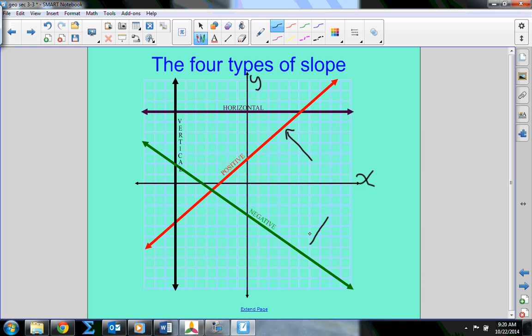Now, if one of the two is negative, then you get negative slope, like we did in our example. So that means as x increases, y decreases. And then the 2 special cases we just talked about: the horizontal, when you have no change in y, or vertical, where you have no change in x. So that's what the 4 types of slope look like.